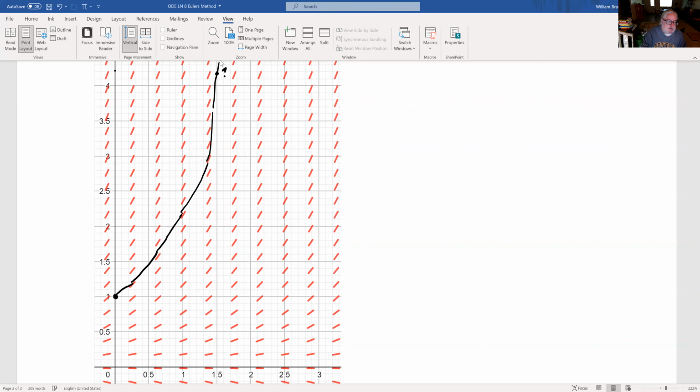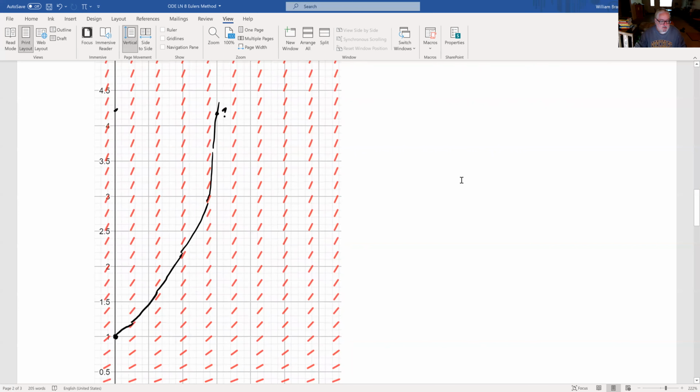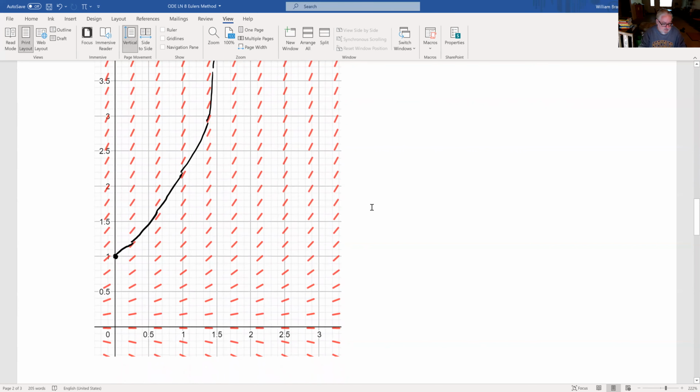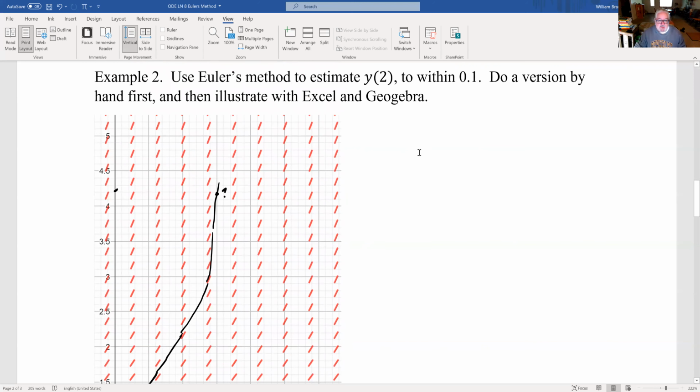And I want to know, what is that y value? It's up here to the right somewhere, but I don't know what it is. So this is the slope field. Here's my y equals 0 equilibrium, and then y equals 10 equilibrium somewhere off the top.